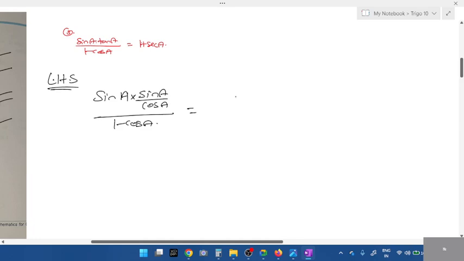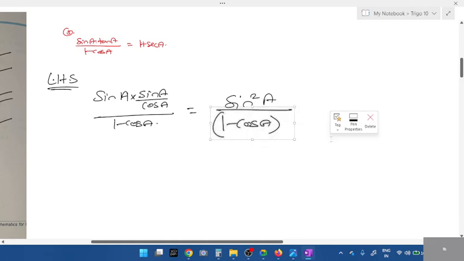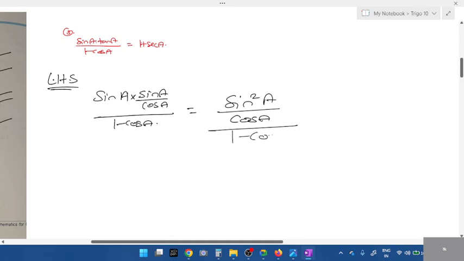Sin square A. I'll keep the denominator cos A as it is. Sin square A divided by cos A, then there is another denominator, 1 by cos A. Now I'll keep sin square A as it is, divided by cos A into 1 minus cos A.